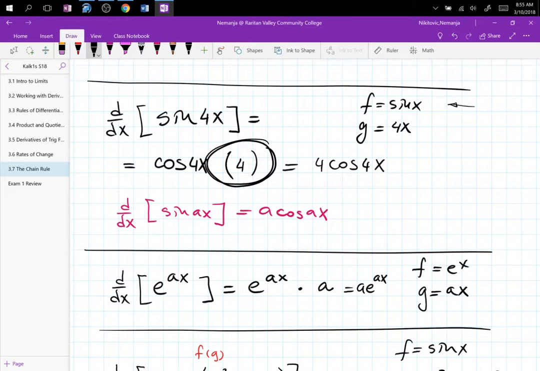Well, g was 4x, so the derivative of that is 4. And that will be the chain. We put that 4 now in front to make everything look good. And then I connected that to the formula that you guys were supposed to memorize before, but now you know why it is the way it is, because of the chain rule.